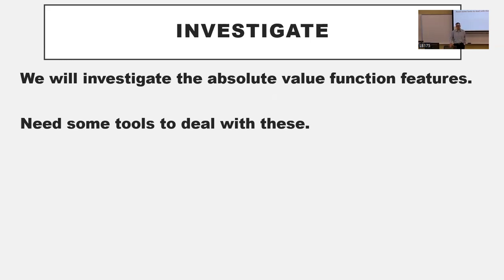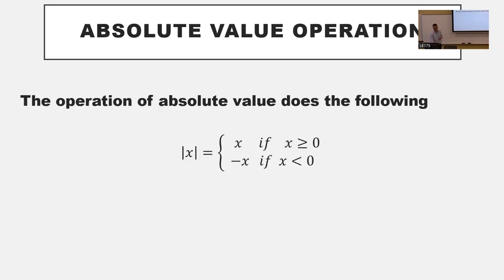Chapter 4 is all about exponential functions and logistic functions. Then we're going to get into trig functions, and I might have my chapters mixed up there, but you guys get the point. So absolute value functions are the first ones we're going to deal with in depth, and we're going to look at some features of absolute value functions.